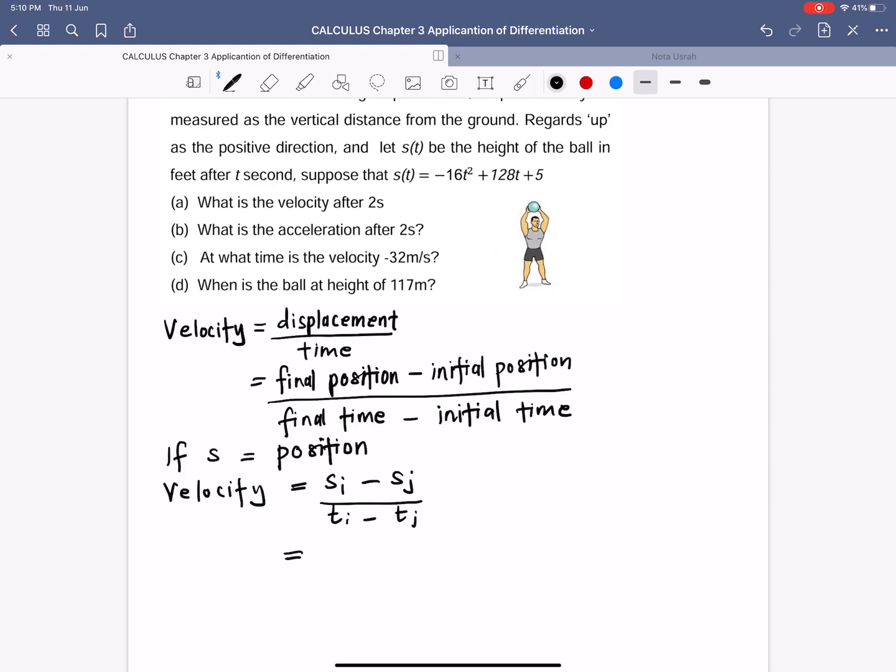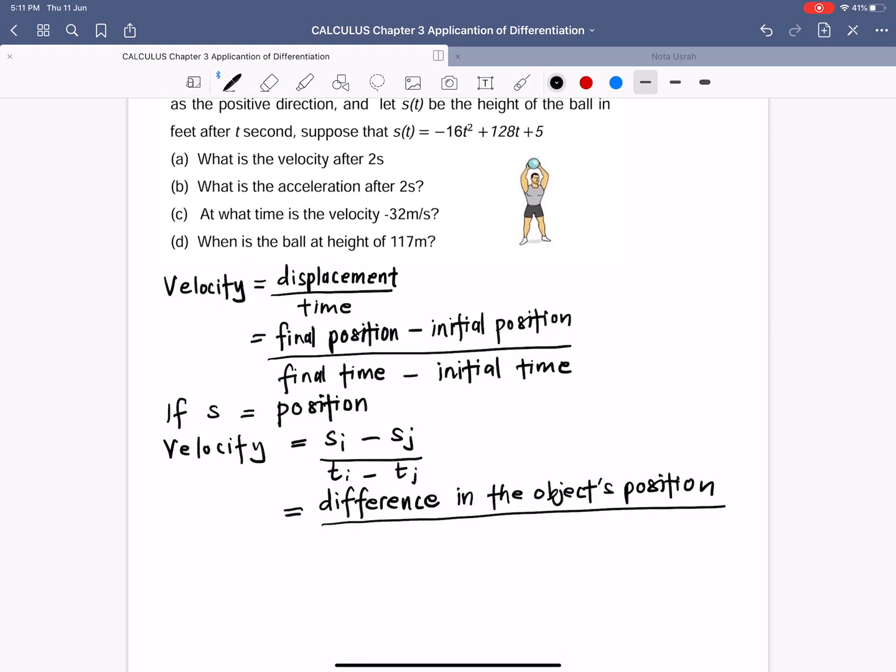So in this formula, the numerator, Si minus Sj, is the difference in the object's position, and the denominator is the difference in time, where this is actually ds/dt.